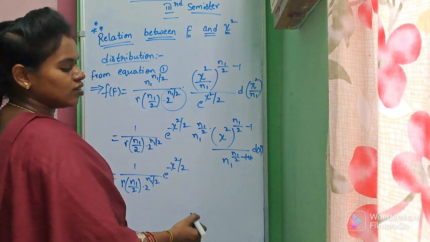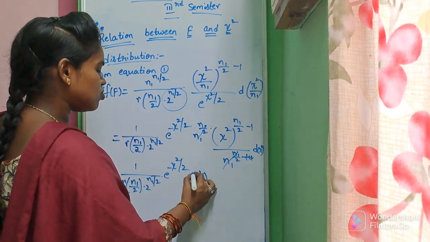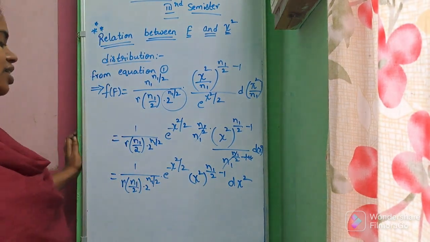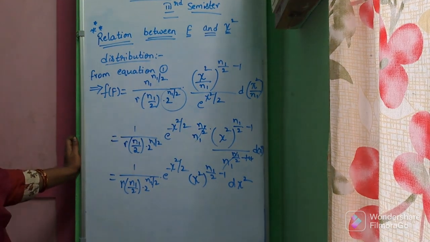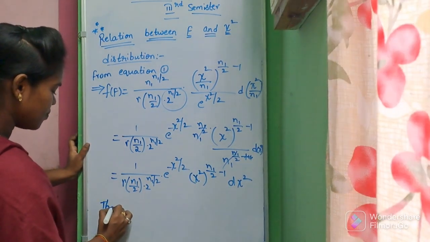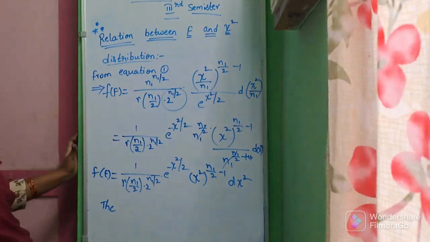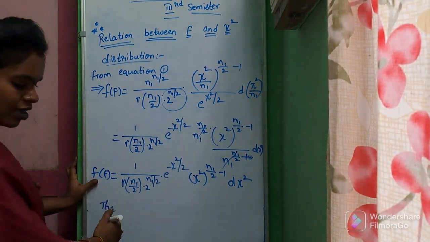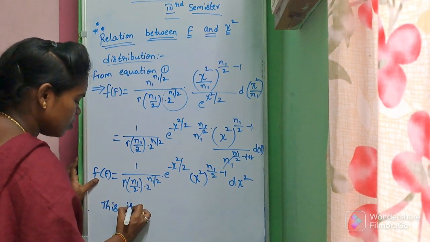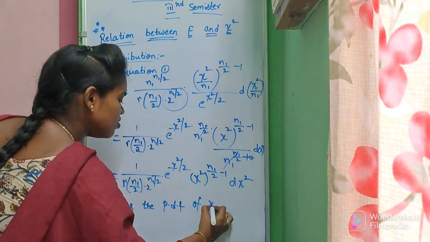The negative and positive cancel and these two terms cancel. Chi square power n1 by 2 minus 1 into d of chi square will remain. Finally, this is our chi square distribution PDF. This is f of capital F. From the F distribution, we obtained the chi square distribution. This is the PDF of the chi square distribution.